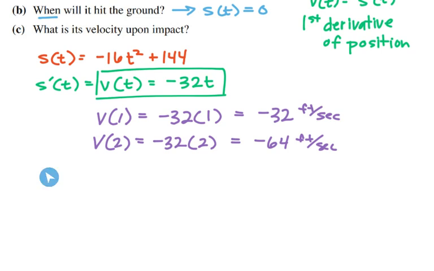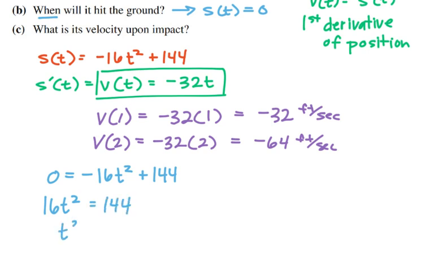So if I come over here and say S of t is equal to 0, that's 0 equals my position function, negative 16 t squared plus 144. I can factor this, or I can move terms. That will be positive when it moves to the other side of the equation. Positive 16t squared is 144, or t squared is 144 over 16.